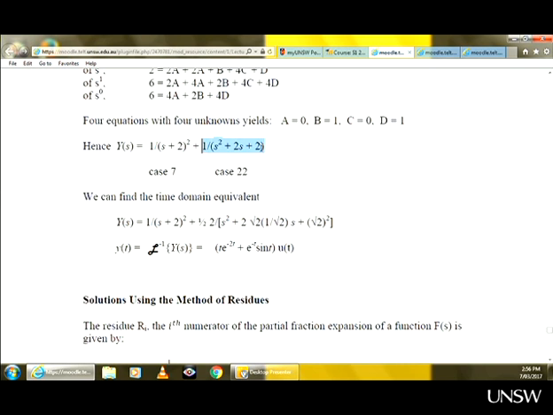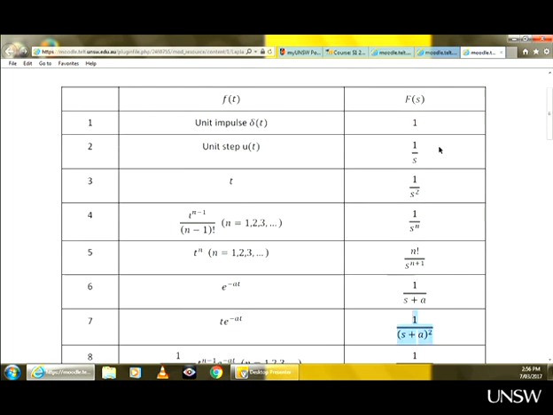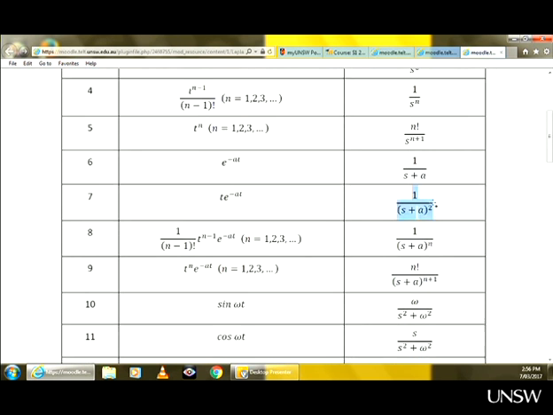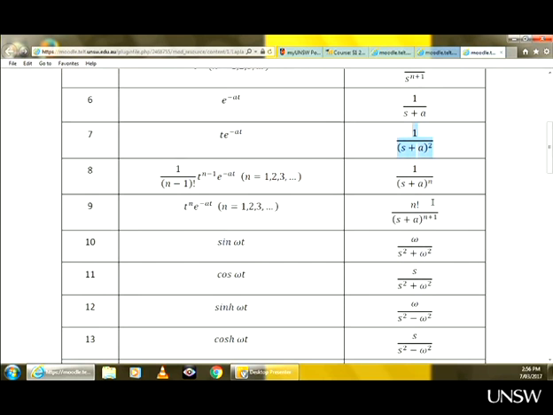This term here, how do we find the inverse Laplace of this one? We said the first rule with inverse Laplace transforms is factorize the denominator. But we already know that it cannot be factorized. So when you go into your tables, you see that the functions on the right-hand side are all factorized.